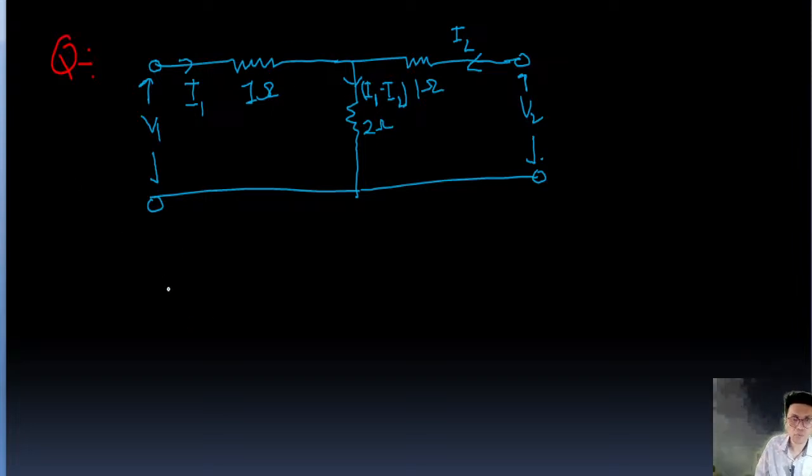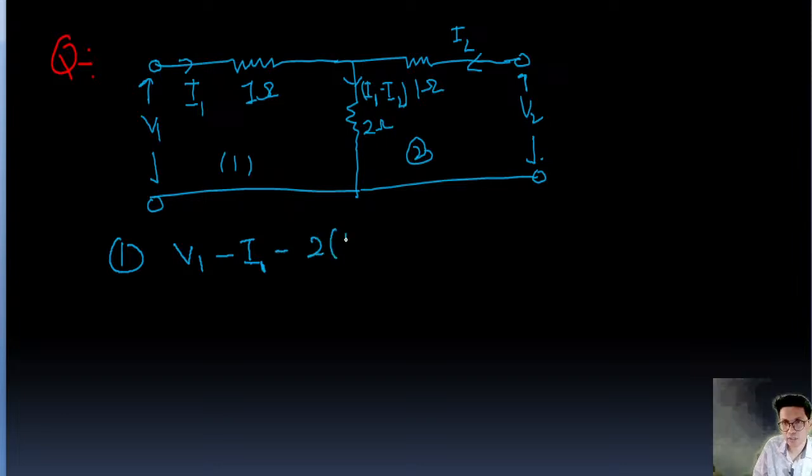Now we'll use KVL in loop 1. V1 is the voltage across these points. So V1 minus 1 ohm into I1, minus 2 ohm into I1 minus I2, is equal to 0.